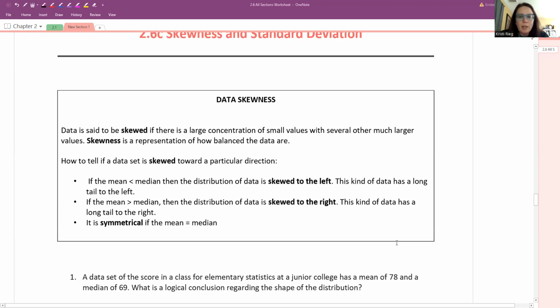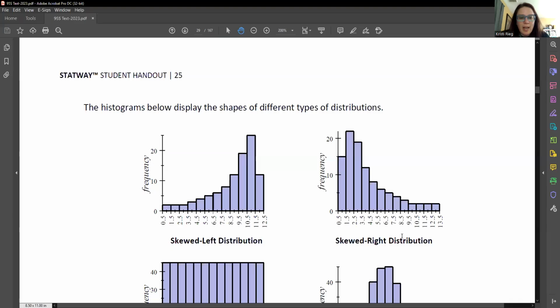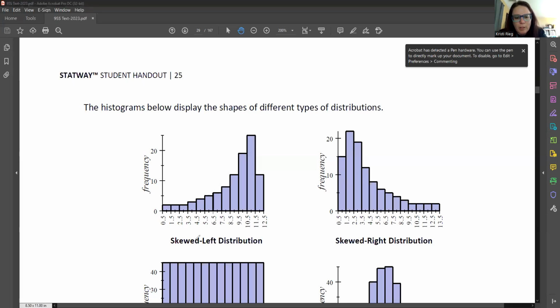So let me switch screens real quick and show you some pictures. Here are some histograms, and we have the frequency on the left and the data values on the right. This first picture says skewed to the left. I think I can write on this with the Zoom features.